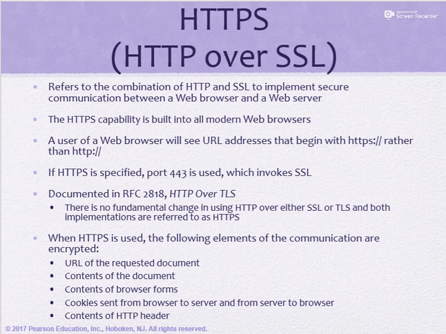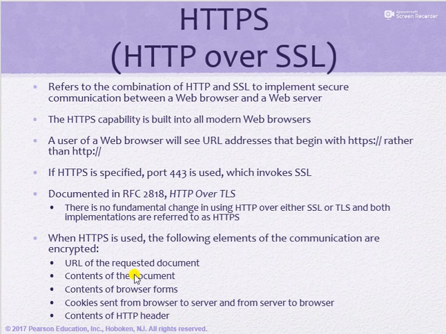When you are using HTTPS, it provides you secure communication. Secure communication means the communication is encrypted. So which elements of the communication are encrypted? The URL of the requested document, the content of the document, the content of browser forms, cookies sent to or from the server or browser, and the contents of the HTTP header.